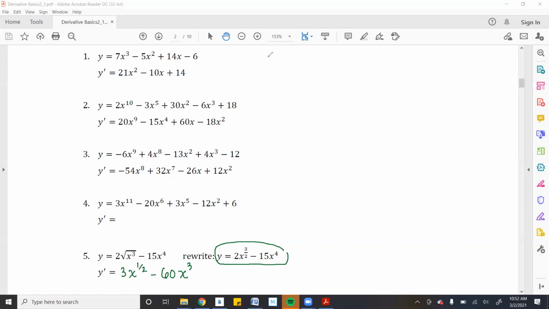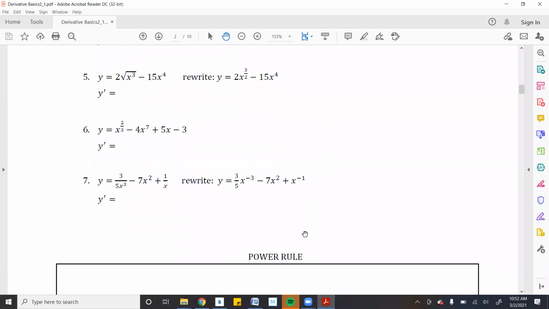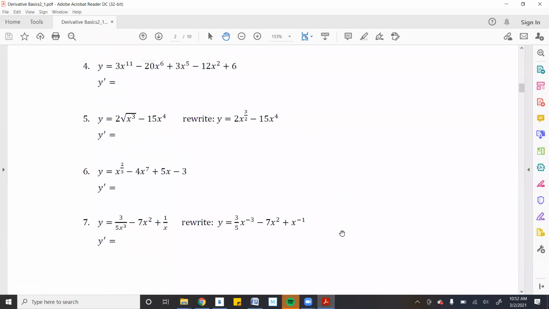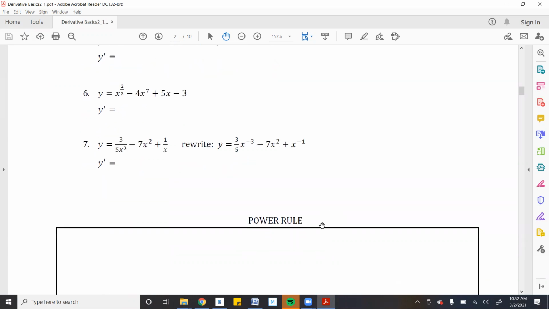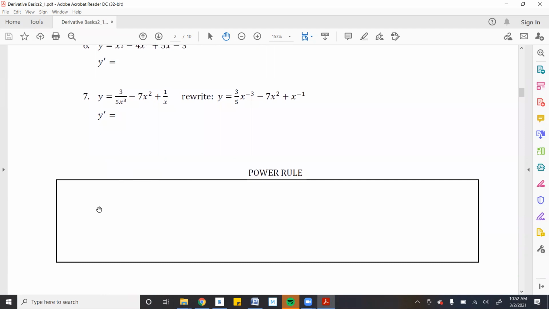Okay. So what I would like for you to do is think about how we would fill out the rest of this page, right? And the bottom box says power rule, which may give you a hint as to what we're looking at here. And if you think you know what the power rule is, I want you to write a general version of it the best you can.